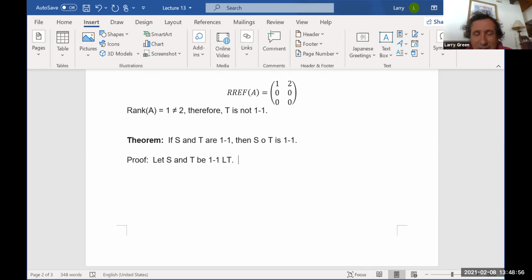So we've got to say, well, if S of T of V is equal to S of T of W, what's my goal?